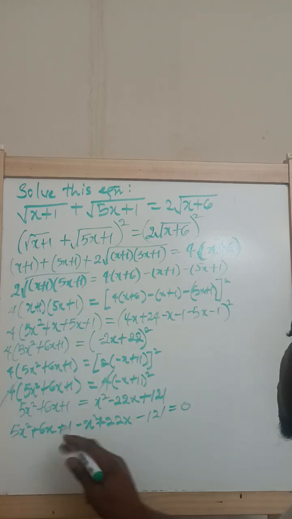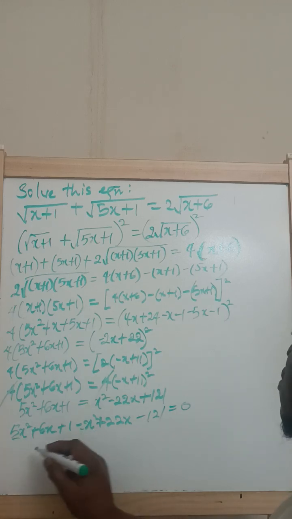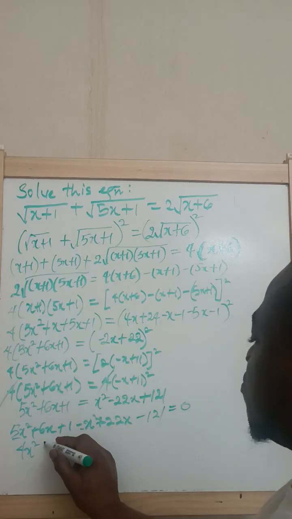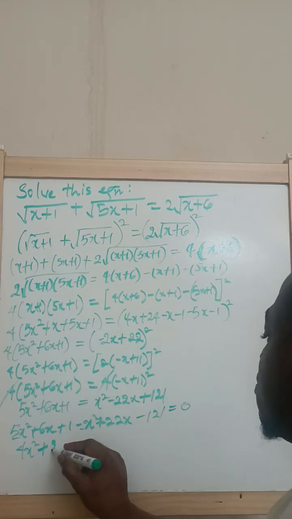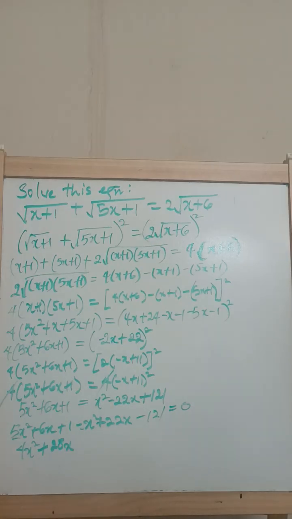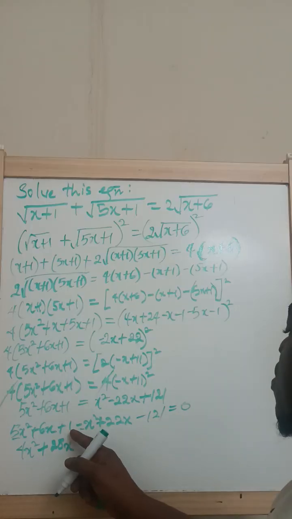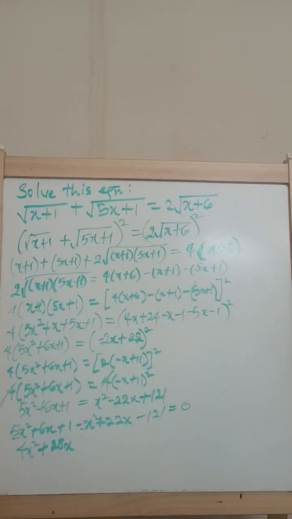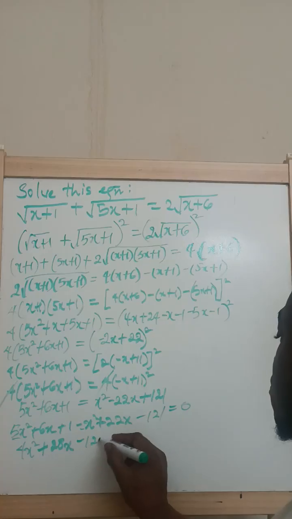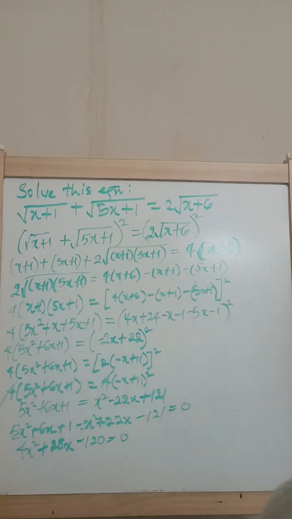Okay, so 5 minus 1 will be 4x squared. Then 6 plus 22 will be 28x. Then 1 minus 121 will be minus 120.